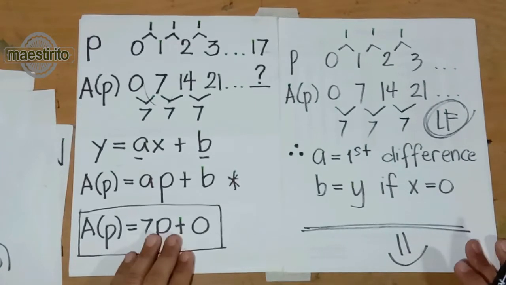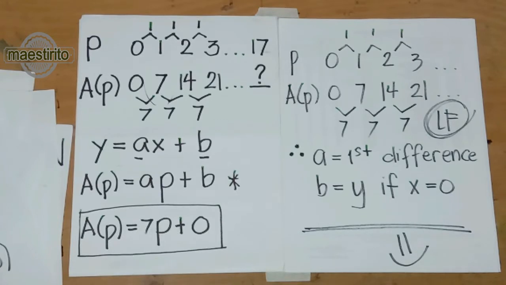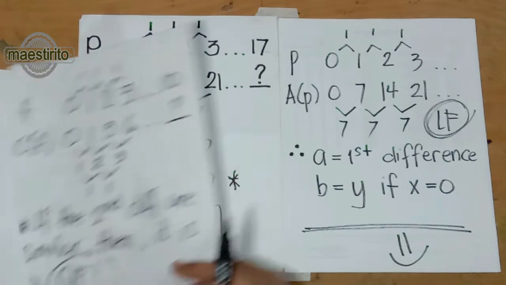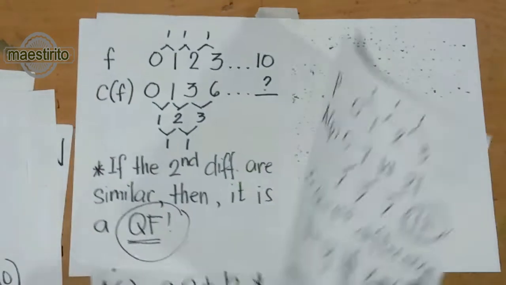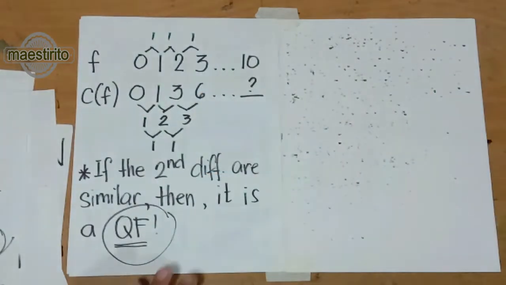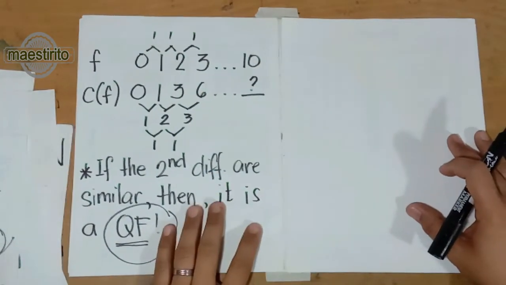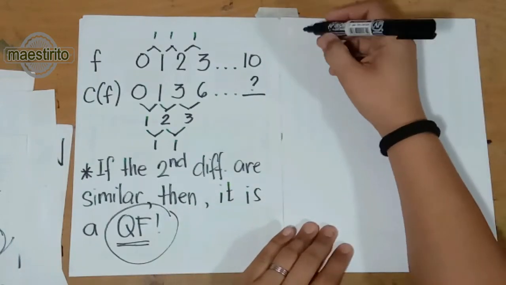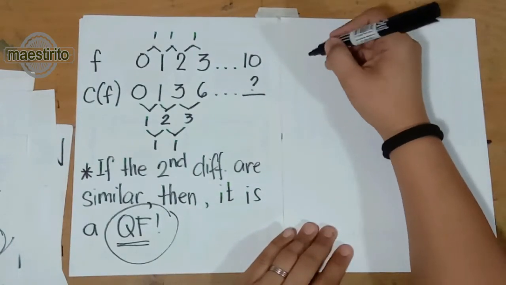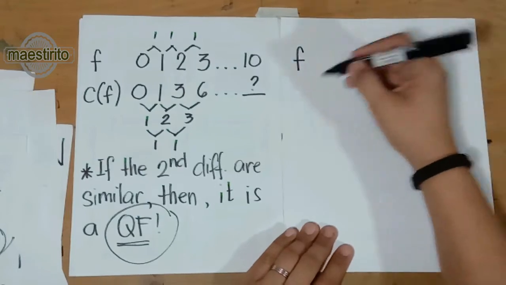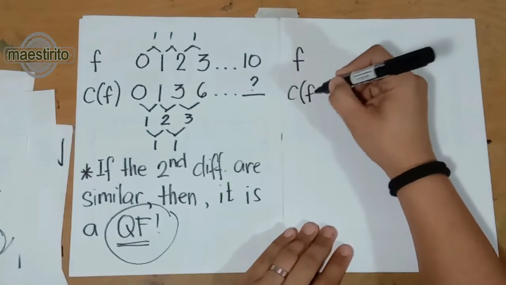Now, let's have the shortcut for the quadratic function. Going back to this table of values for quadratic. Okay, so let me rewrite the table of values.